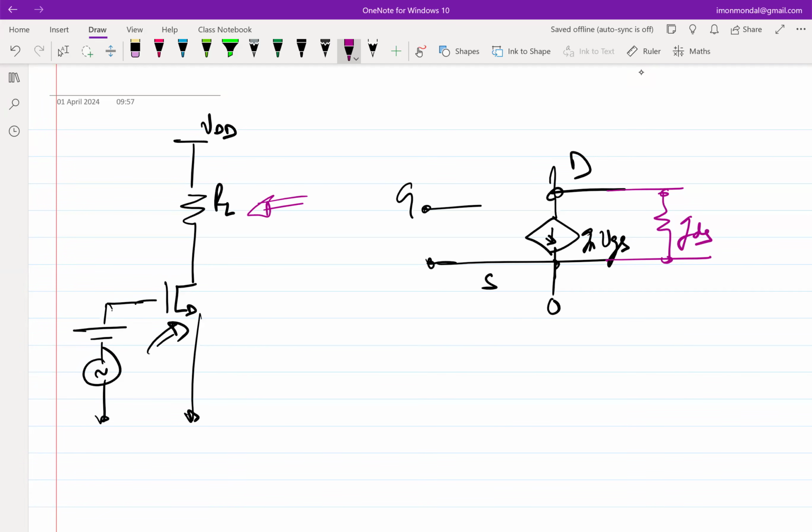So then we found out ways of improving this architecture. Again, when I'm drawing it like this, I'm implying that this is an incremental model, because this resistor doesn't exist in its physical form.